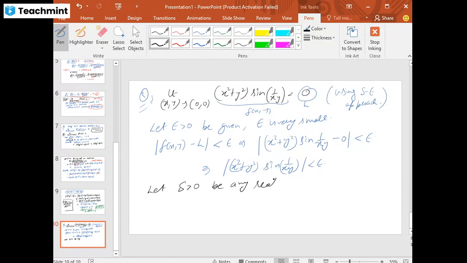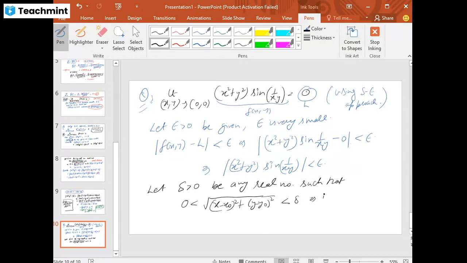Now we are going to consider let delta greater than 0 be any real number such that 0 is less than x minus x naught square plus y minus y naught square is less than delta.